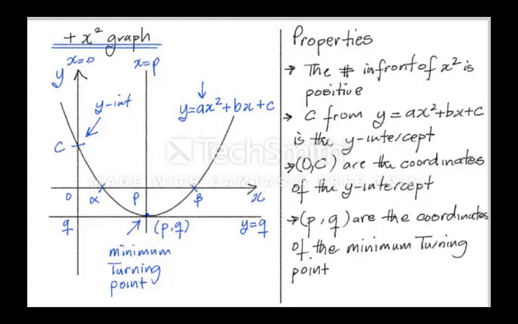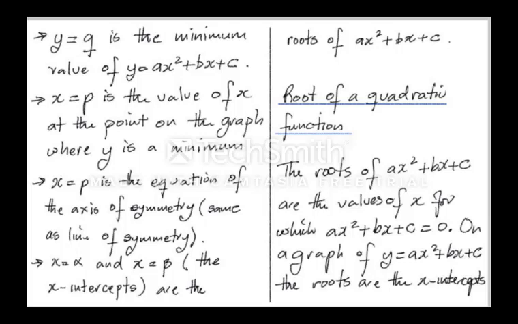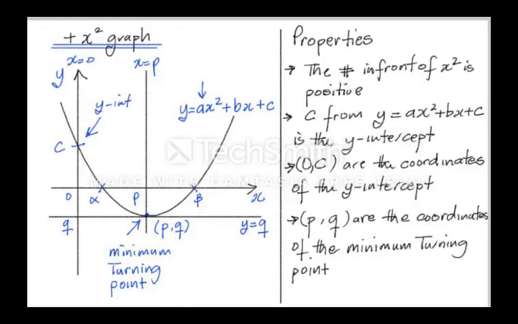What are the properties? Y is equal to q is the minimum value of y is equal to ax squared plus bx plus c. So remember that the curve here, the parabola here, is the graph of y is equal to ax squared plus bx plus c. And the lowest point of that parabola is here.